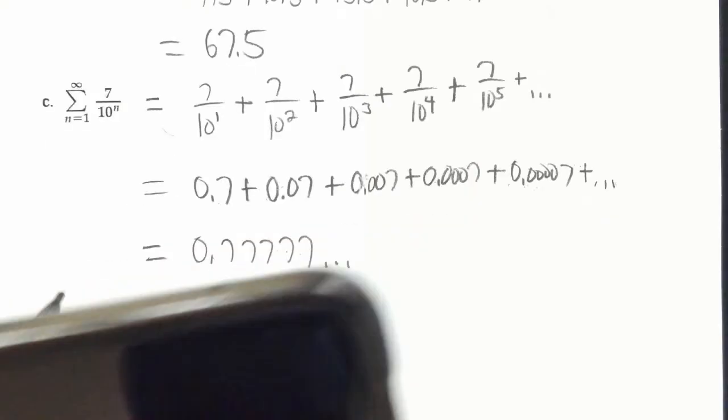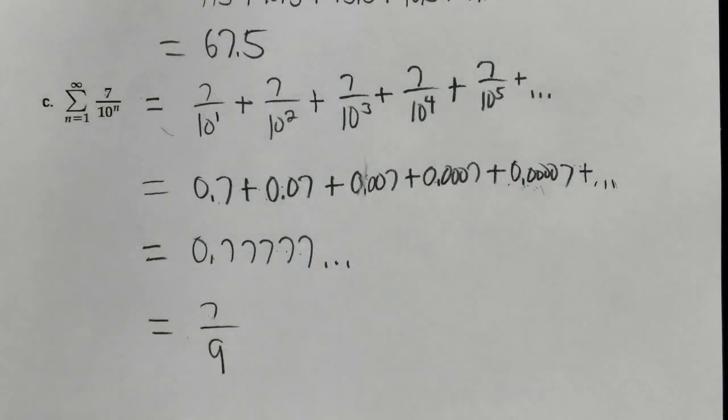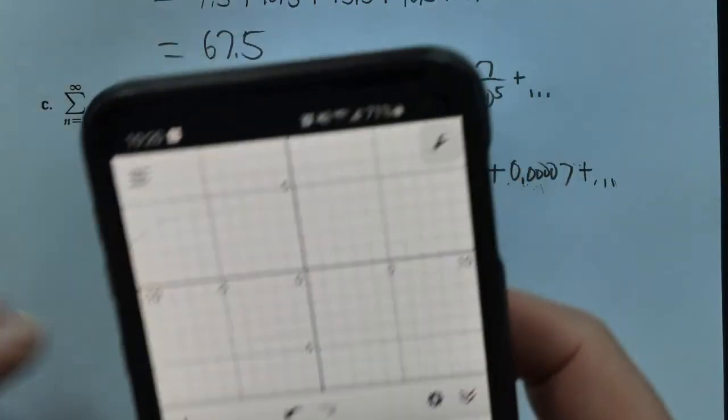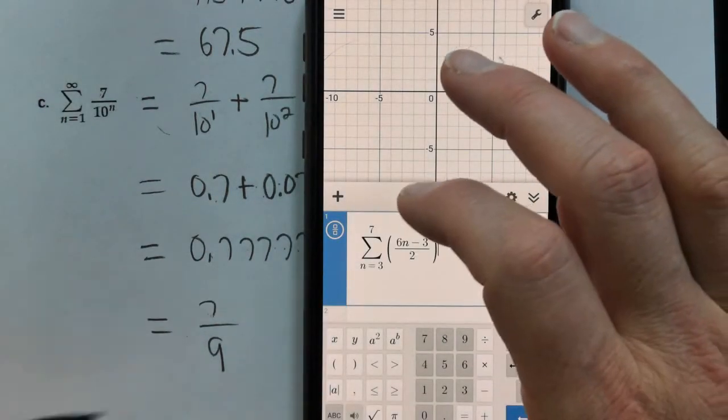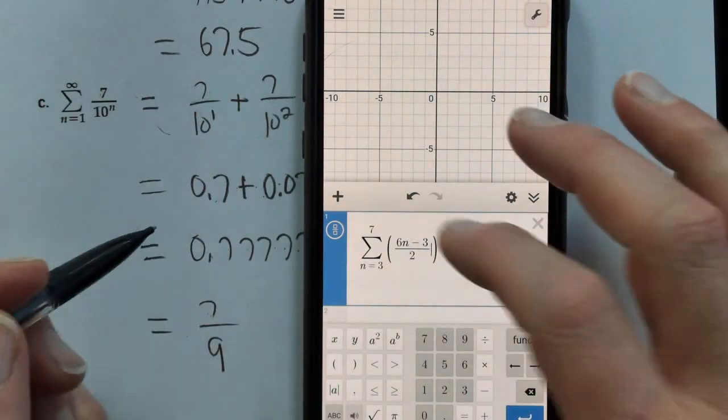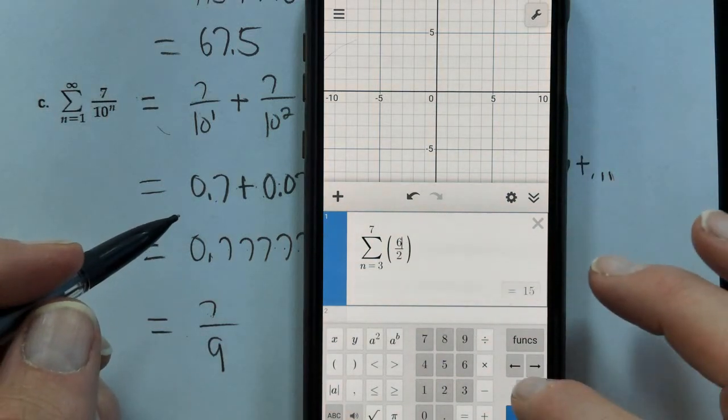Okay? Now, in the notation, there is no summation notation here for infinity. I don't think there's any symbol for infinity here on this. But what you can do to estimate it is this.